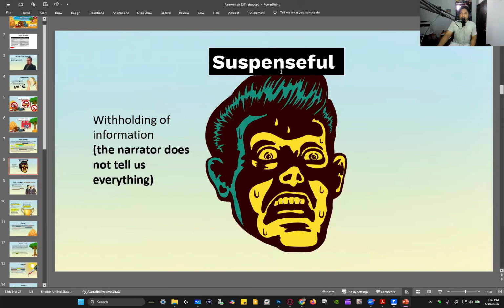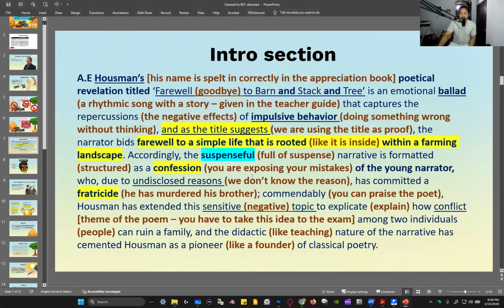This is called a suspenseful narrative. Now, for example, you might have seen movies where there is a murderer, but we don't know who the murderer is. That is suspenseful, right? It's a suspenseful narrative.